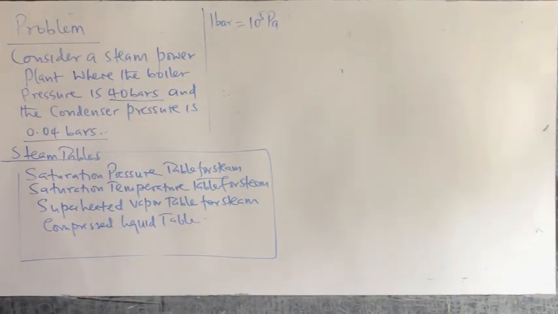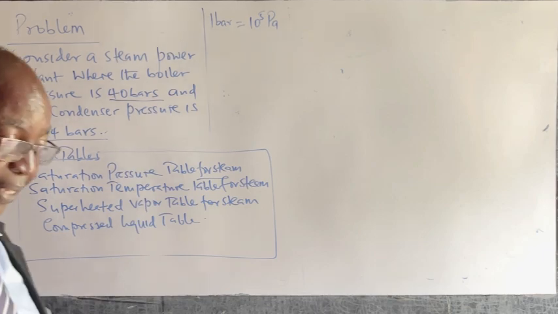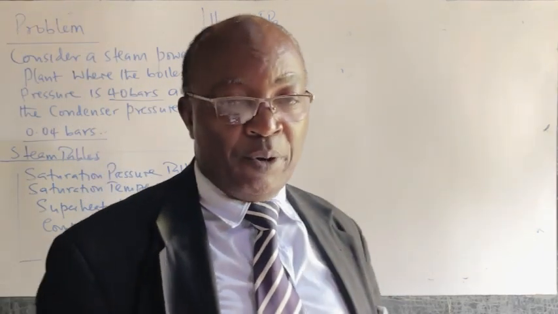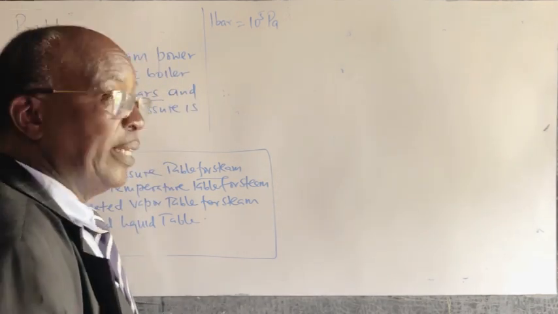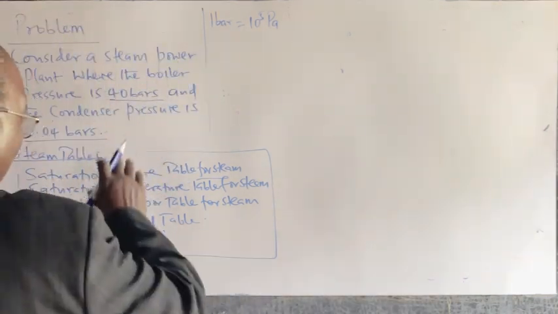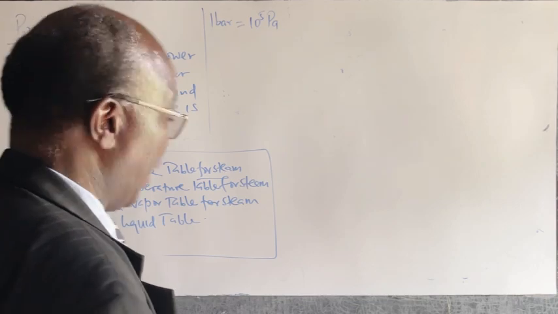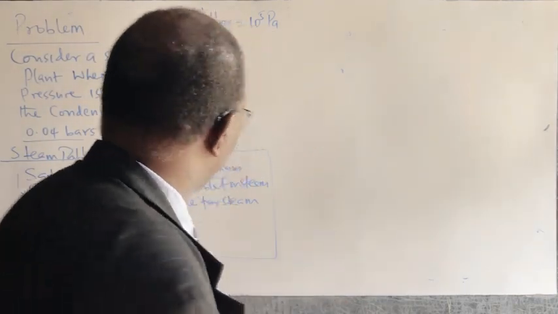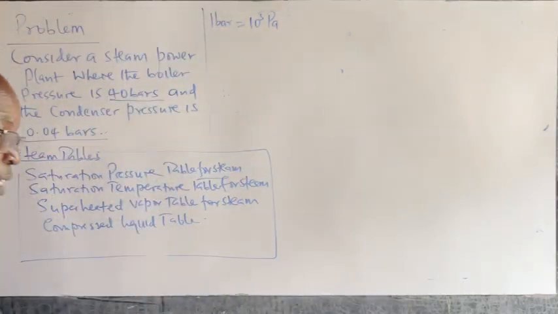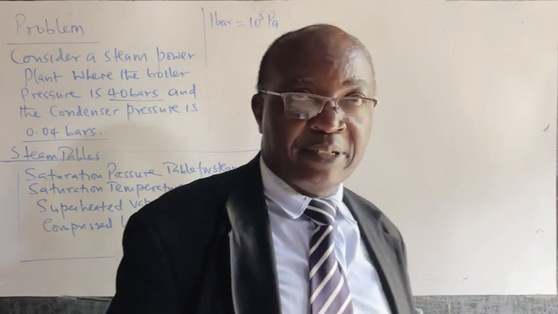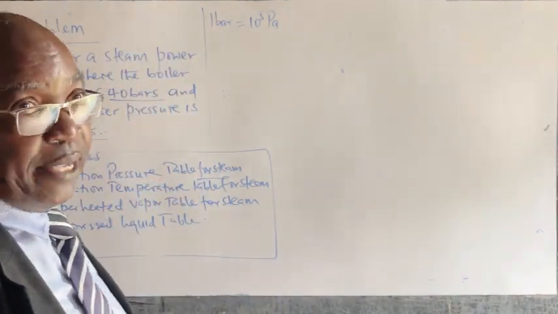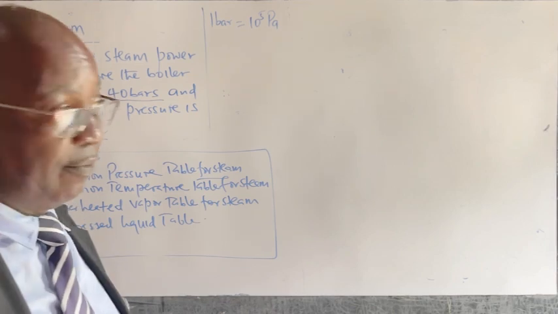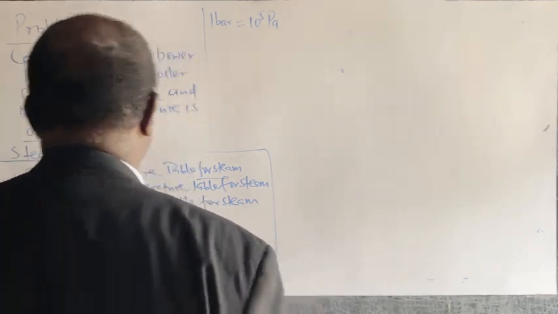When you go to the steam table, you need to put the values in kilopascals. So we need to convert 40 bars for the boiler pressure and 0.04 bars for the condenser pressure to kilopascals. Whatever value you get in pascals, we divide by 1,000 to give the kilopascals.